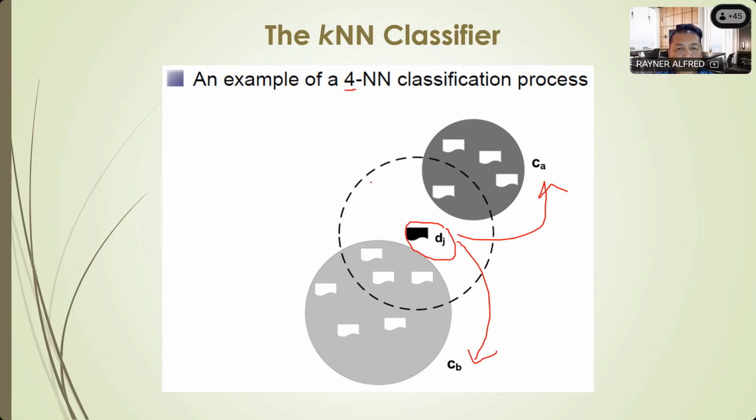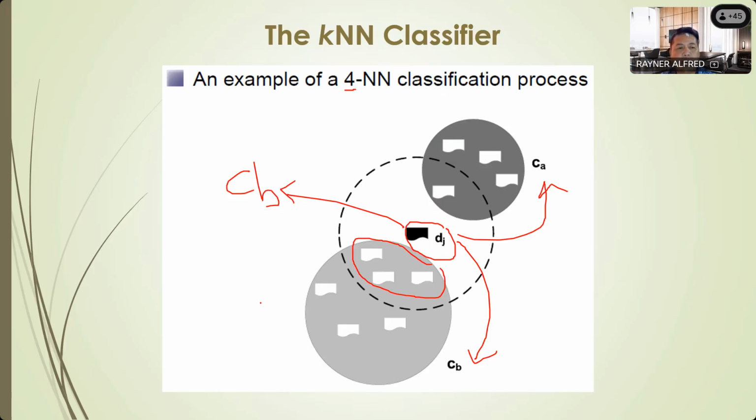In this example, we have 4, right? So 4 nearest neighbor. The majority of them come from class B, so we will assign this one to class B. So we do not need to model them. We just compute the majority label for the K nearest neighbor, then we assign that label to the document.